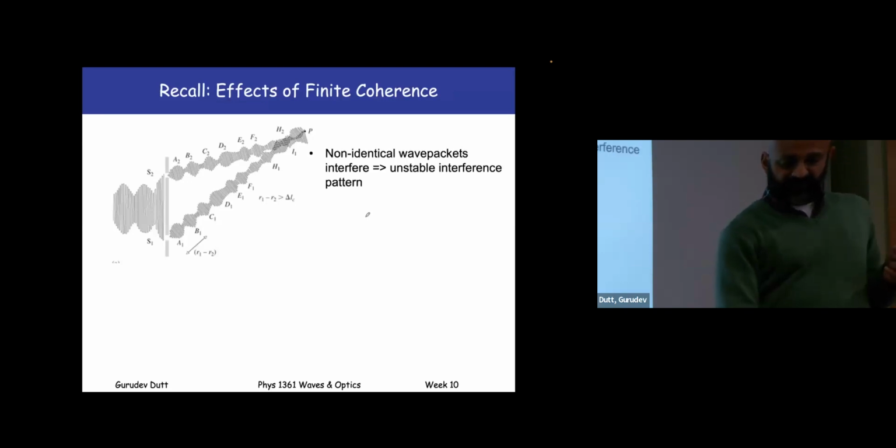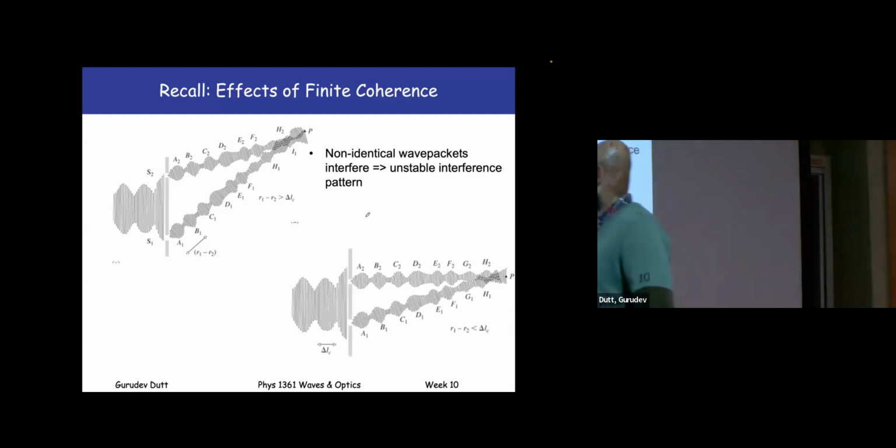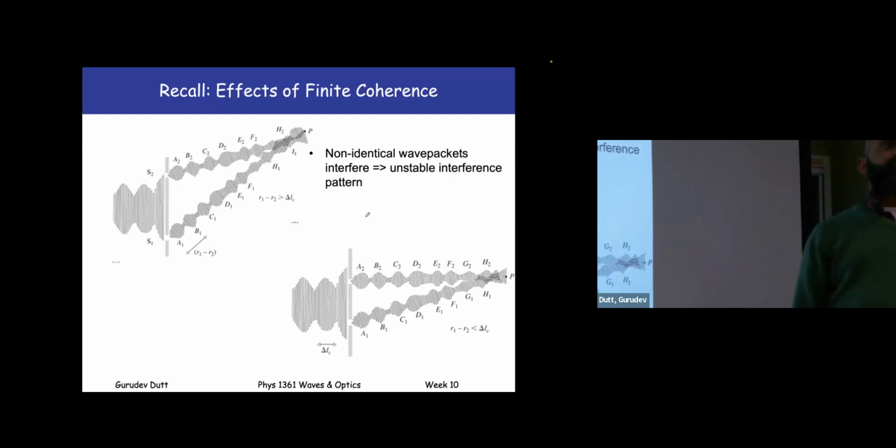Okay, so again, I'm going to remind you, this is from the effects of finite coherence. Whenever the path difference between two slits is greater than the coherence length, delta L_C, does anyone remember how delta L_C was defined? What the coherence length is equal to?